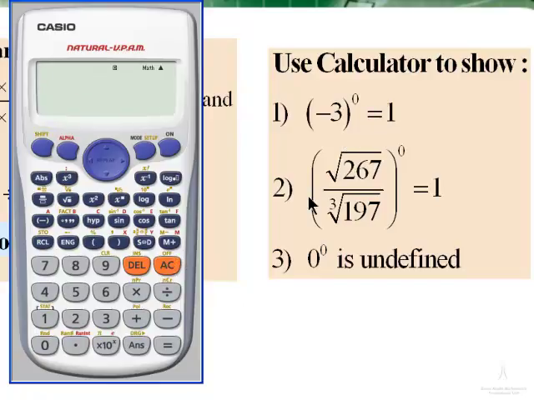And then we have this quite complicated expression. We have a bracket, and within that we have a fraction.